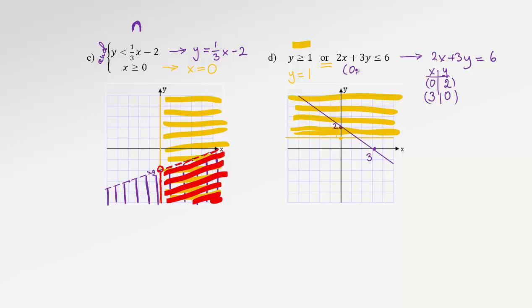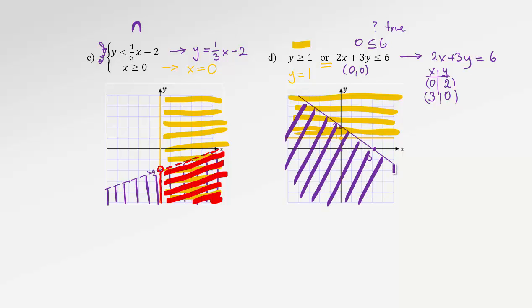Let's choose 0, 0, the easiest point to check. If I plug in 0, 0 to my inequality, I have 0 smaller equals 6. True or false? Well, it's true. 0 is indeed smaller than 6. Therefore, the solution set of this inequality is the half a plane that contains this point. Let's shade it then, all this region.